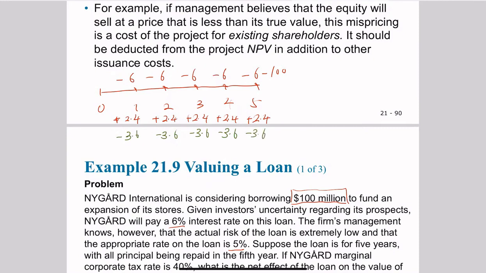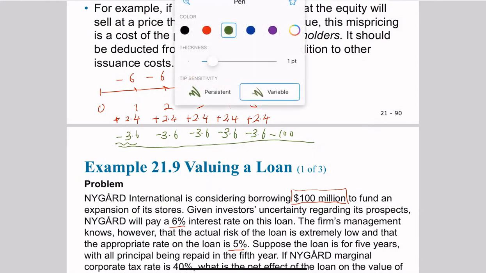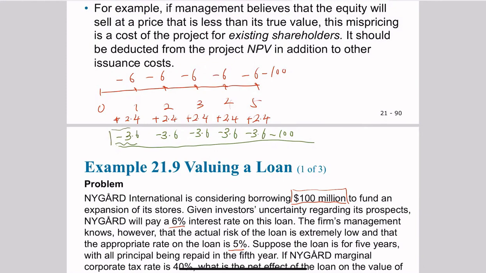Right? Oh, I forgot I have to minus this face value of $100 million. So now you will discount this cash flow with the appropriate debt cost of capital.